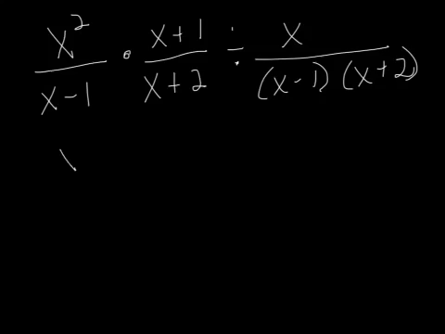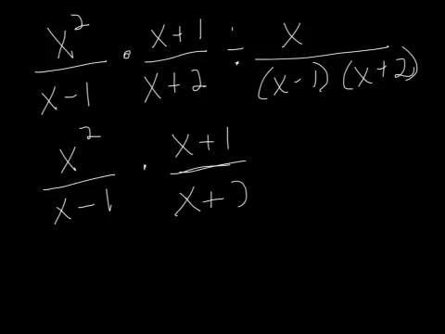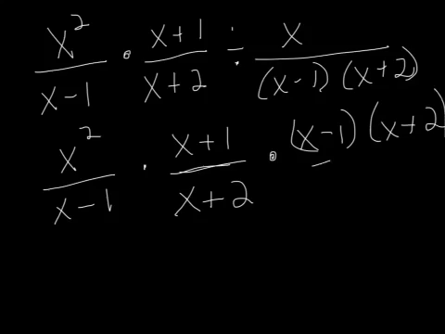So I recopy the first two fractions because it's multiplication. I flip the last fraction because it originally was division. And then I see what I can reduce.